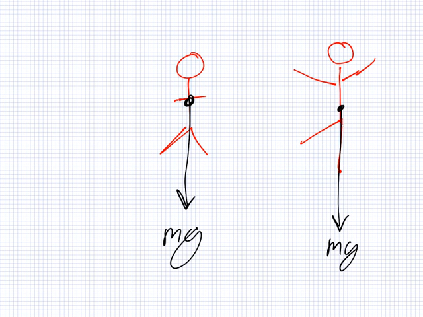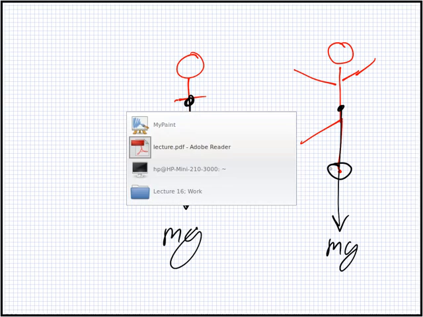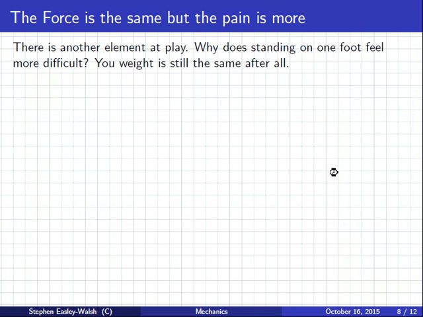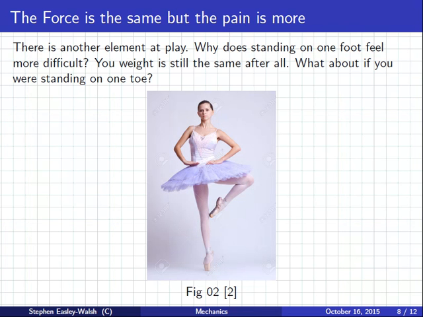It feels like more force. The difference is the area here is twice as big as the area here. This is what makes it feel more difficult. So, like with the ballerina, it's more difficult on one than two.